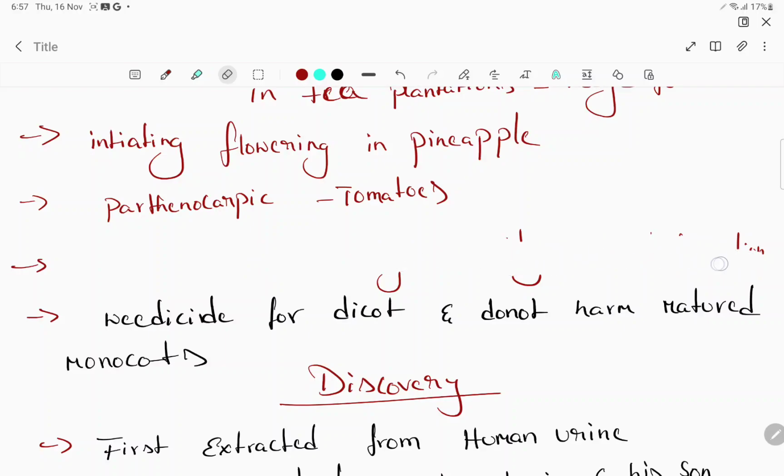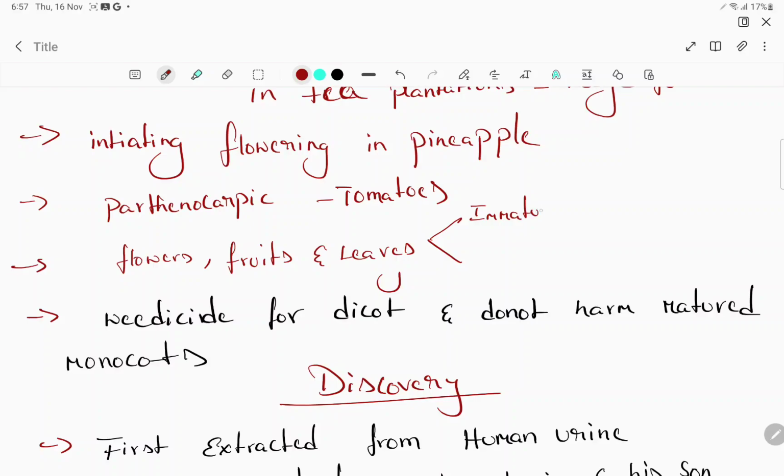Excuse me for this. This is for gibberellic acid. For cytokinin, the point is flowers, fruits, and leaves. In case of immature, it will stay on the plant.